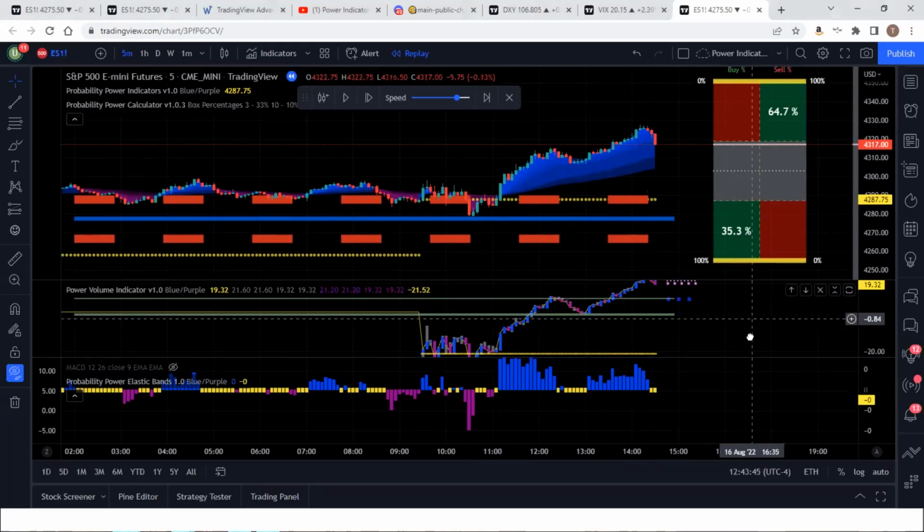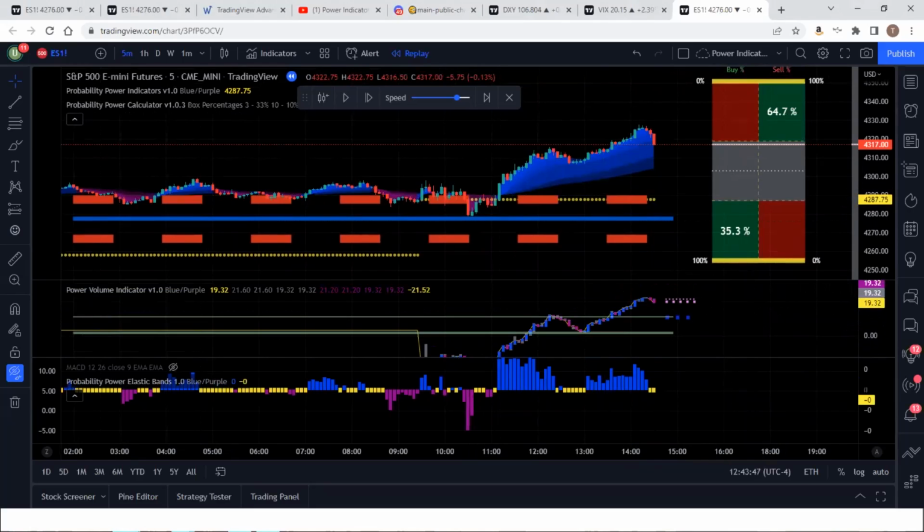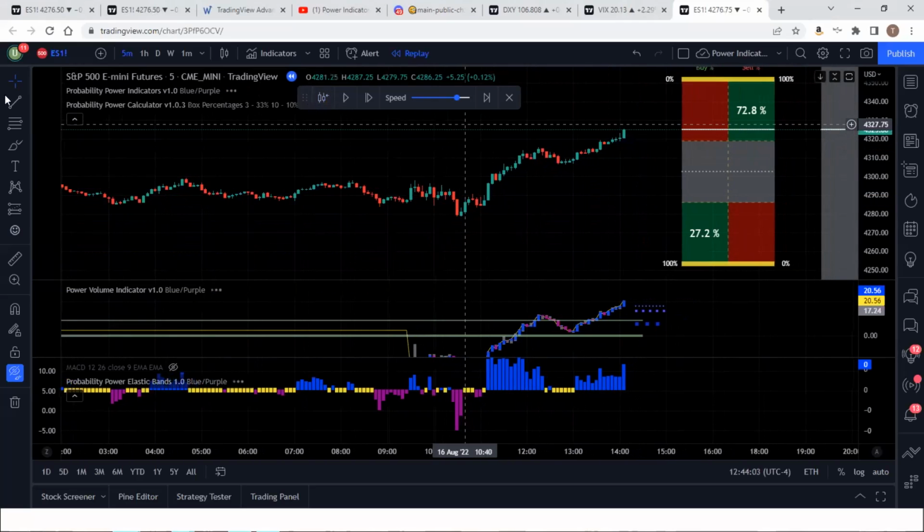Move the volume indicator down a little bit more. So here we were in the red zone. Let me actually back it up to the top of that move, to the top of the move up.